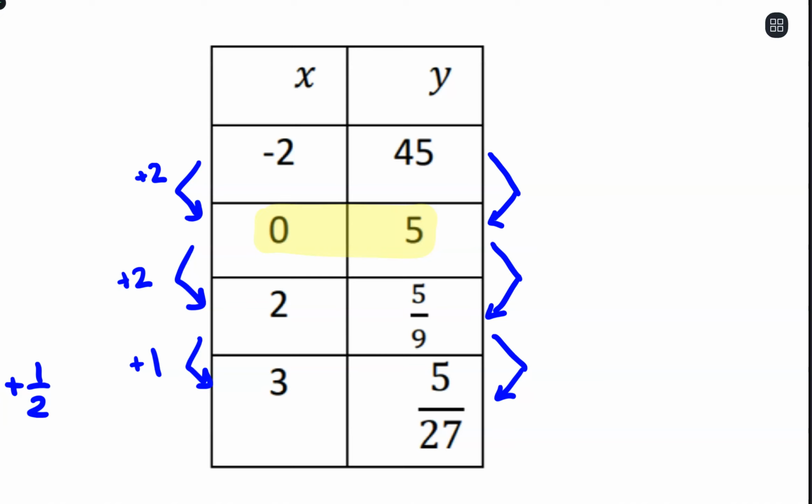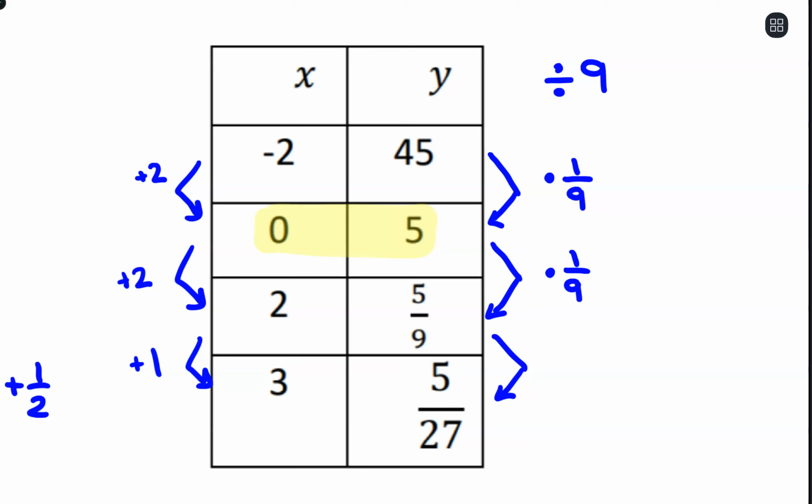So 4/5 to 5, what we're doing is a division by 9. What I want to do is think about that in terms of multiplication though. So this is multiplication by 1/9. And then if I have 5 to get to 5/9, that is also multiplication by 1/9.